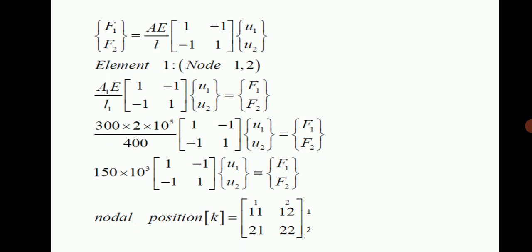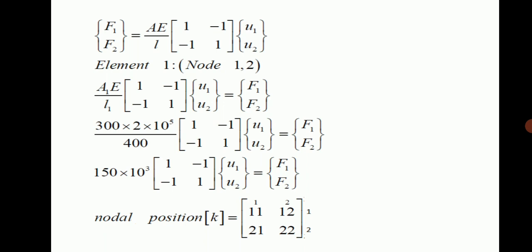So the equation is written as A1 E divided by L1, matrix 1 minus 1, minus 1 1, U1 U2, equal to F1 F2. Why we put A1: we are just showing that it is element 1's area, that is K1. L1 is also the length of the first element, so we mention it as L1, but we are not mentioning E1 and E2 because it's the same element.